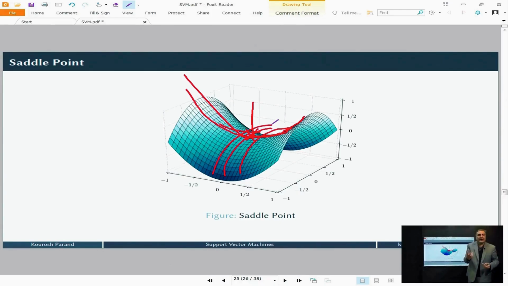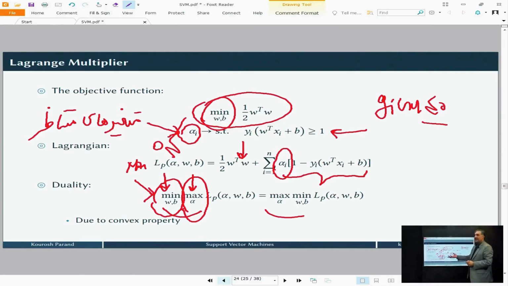That's why it's called a saddle point. For this reason, here you have a min-max or max-min problem. As I said, with convexity, you can switch the order of these two. I've emphasized this several times because, as a mathematical background, it's definitely important.